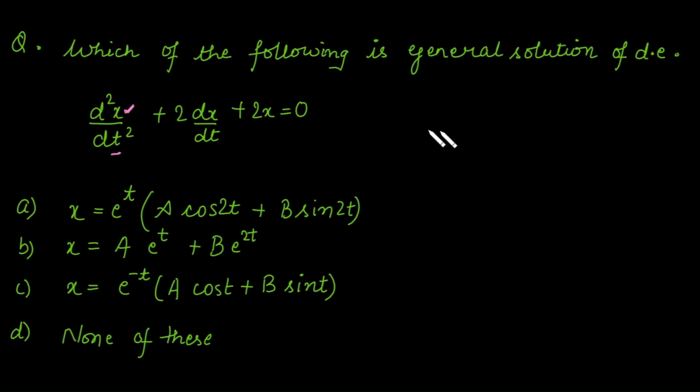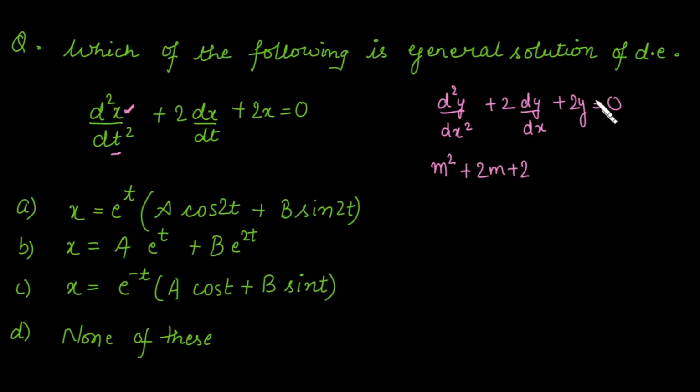We can write this as the second order derivative of y with respect to x plus twice the first order derivative of y with respect to x plus 2 times y is equal to 0. From here, the auxiliary equation is m square plus 2m plus 2, with y replaced by 1, equal to 0. Now, before finding the roots, let's observe the options.